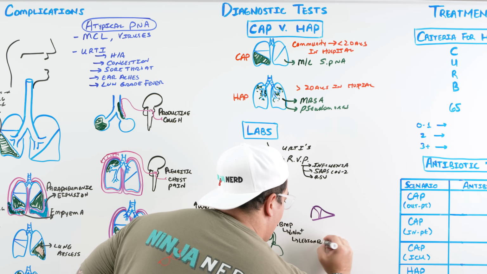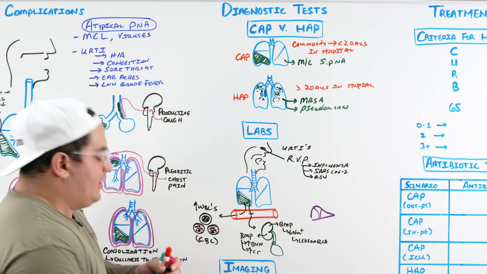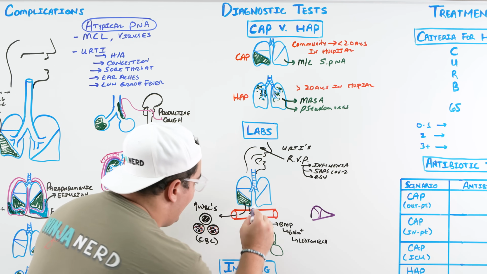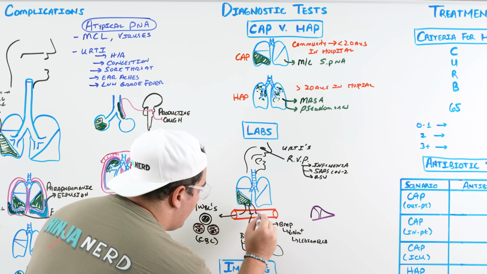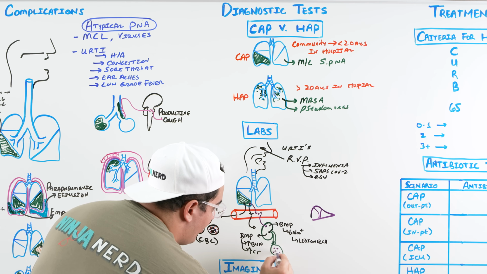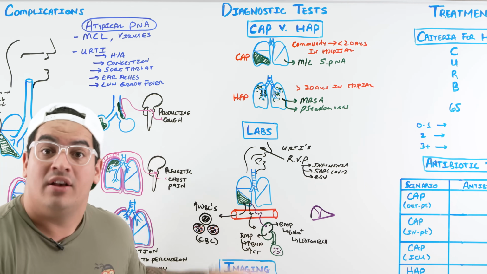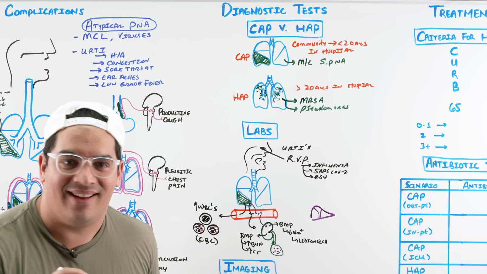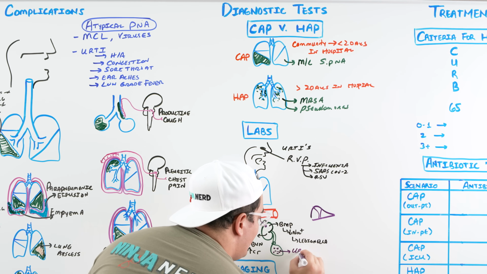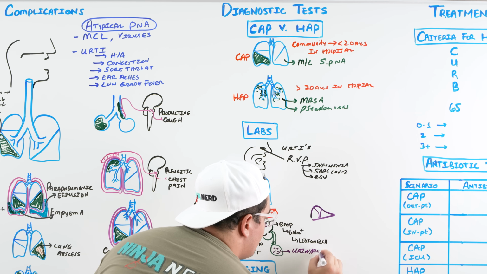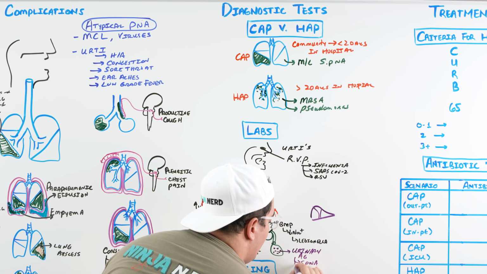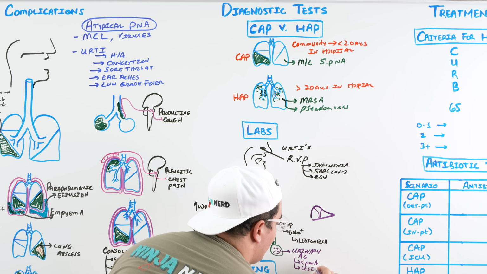All right. The other thing here is that some of these pathogens can get into the bloodstream, and then they can get filtered across the kidney into the urine. Specifically, some of their antigens can be tested. So we can test the urinary antigens, and I'll test the urinary antigens specifically for strep pneumo and Legionella.